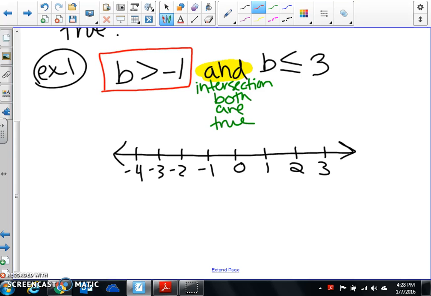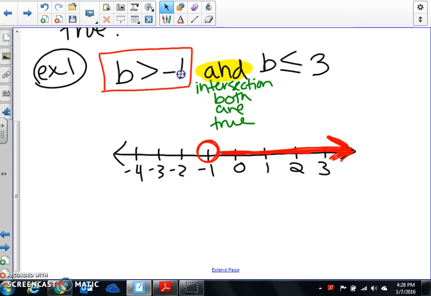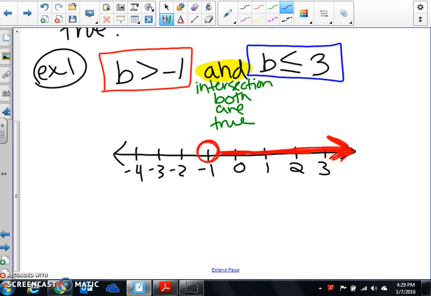So I go to -1, it's an open circle, and I'm pointing to the right. Straightforward. Now I'm going to graph on the same number line, b is less than or equal to 3. So I go to 3, it's a closed circle, and I'm going towards the left.